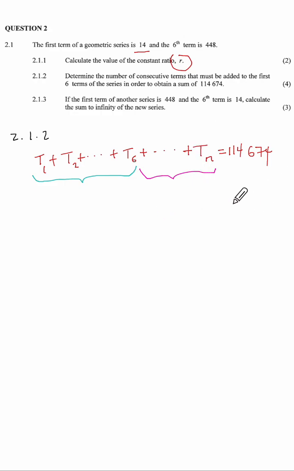So I know that for a geometric series, the sum to n terms is a times r to the power n minus 1, all over r minus 1. That's my formula for the sum to n terms.